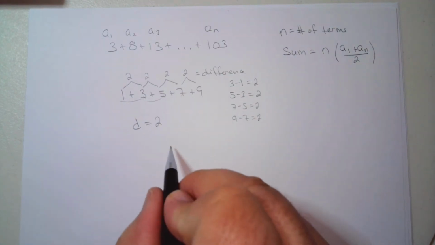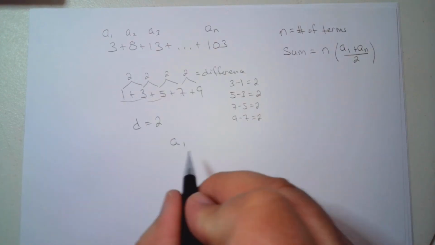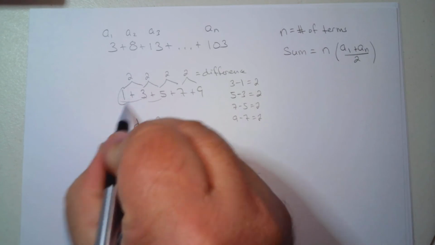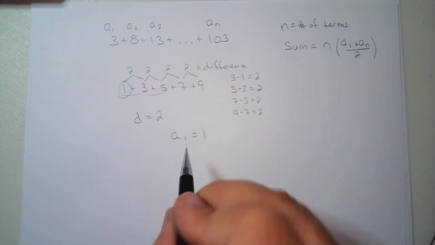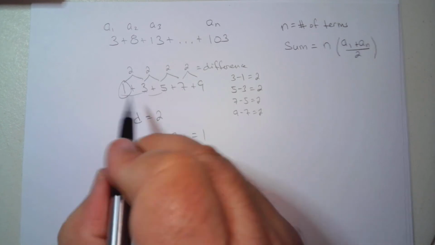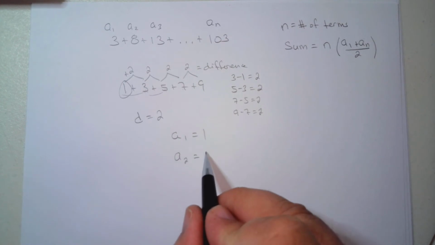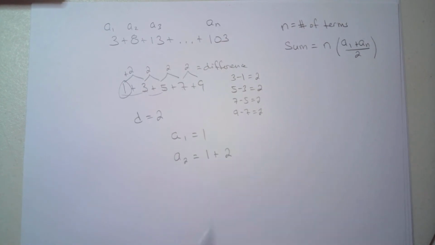But let's look at these numbers. Our first term is A1. Our second term, how do we go from there to there? Well, we add 2. So 1 plus 2.